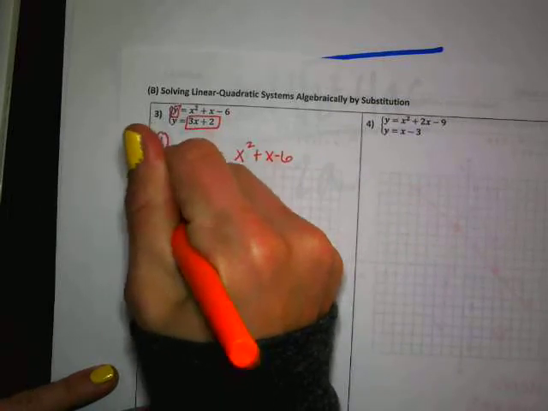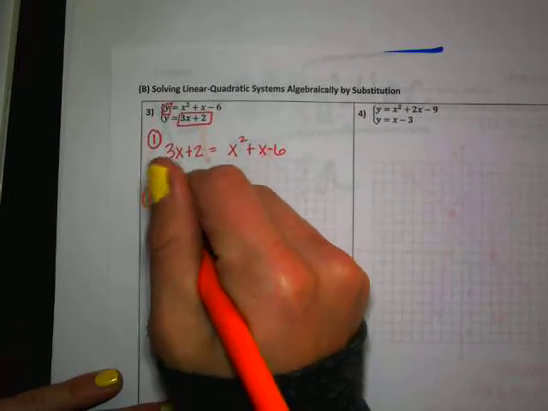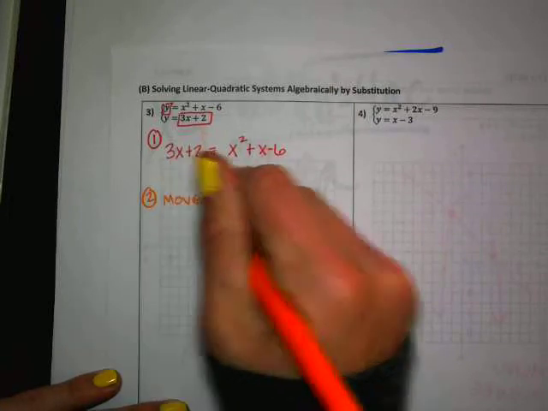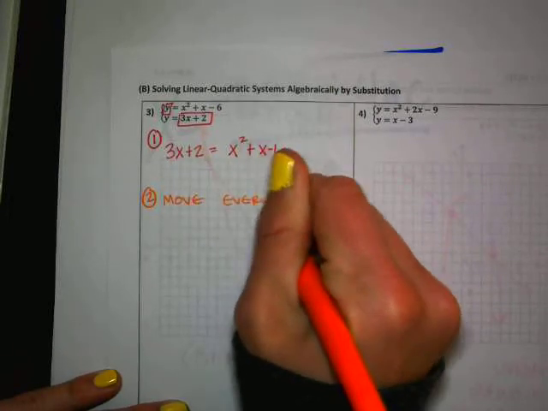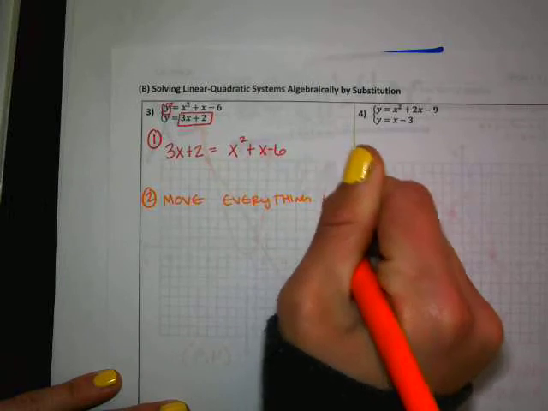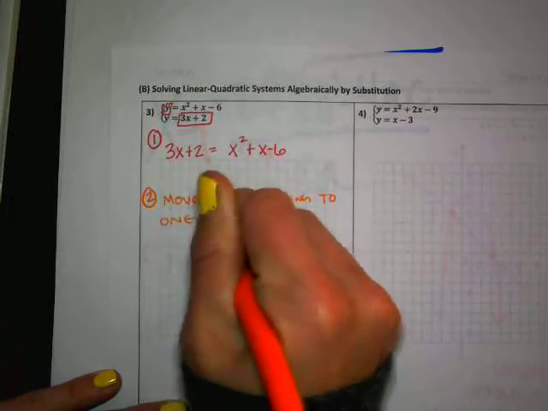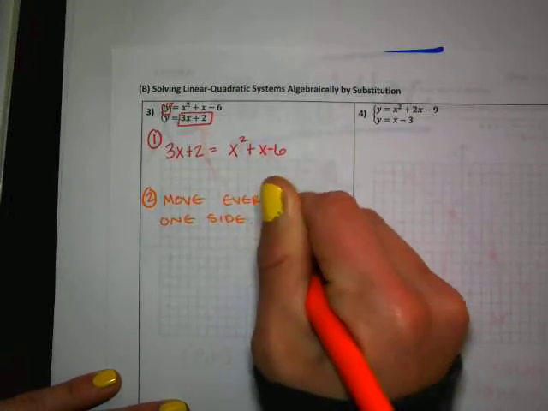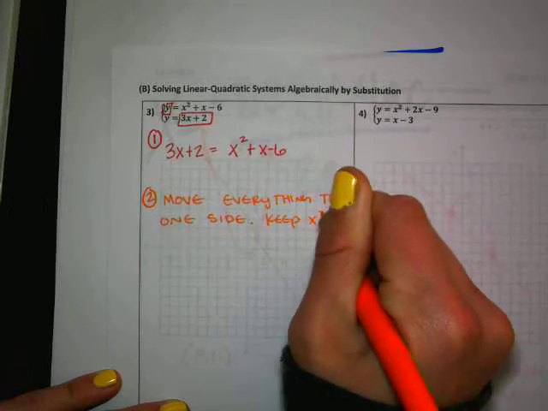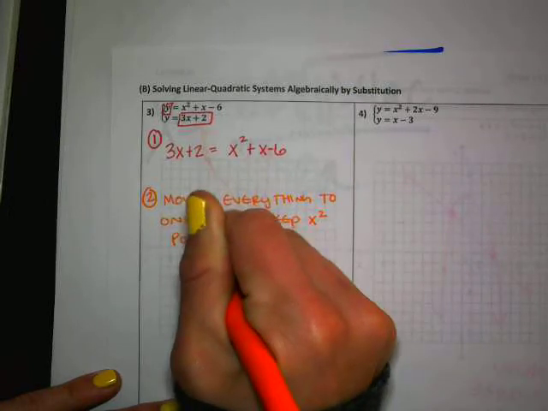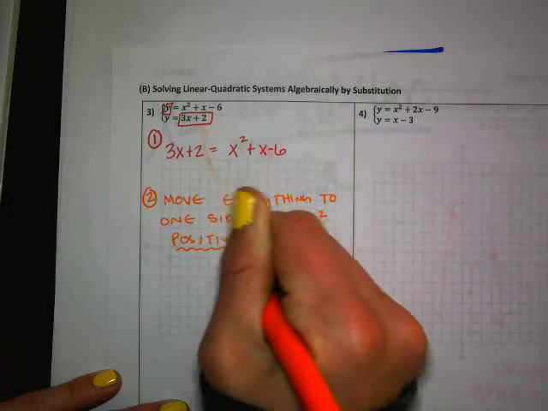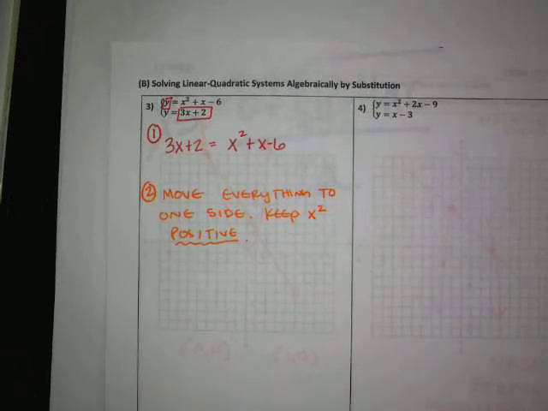Second step, we are going to move everything to one side. We want to keep x squared positive. So whatever keeps the x squared positive, that's the way you're going to go.